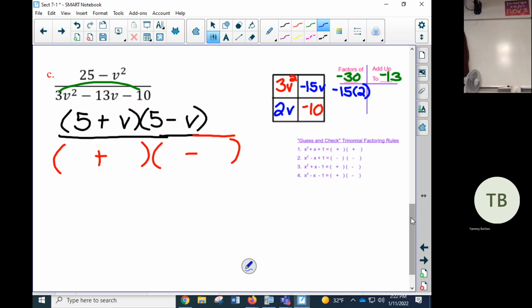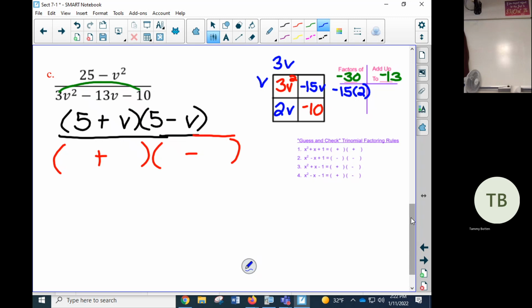Okay. Now, the only way I can get 3b squared is one has to be 3b and one has to be b. And as you're getting used to this, you're not really going to know which one to put where, but you'll know if you put it in the wrong spot, because if I tried to figure out 3b times what gives me 2b, do you get that I'd have to have a fraction, right?